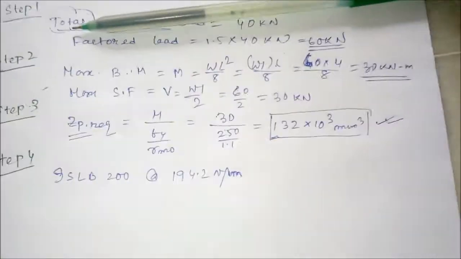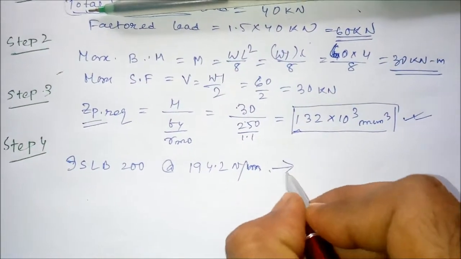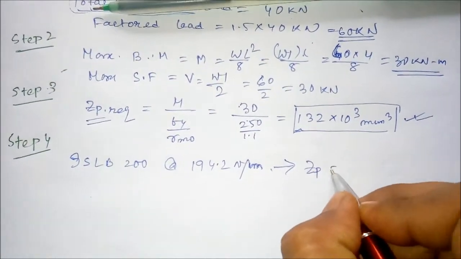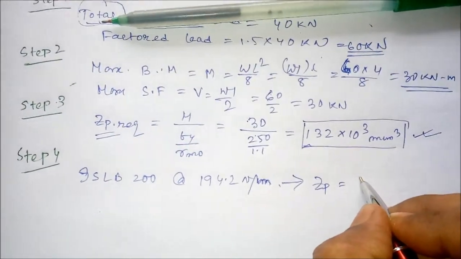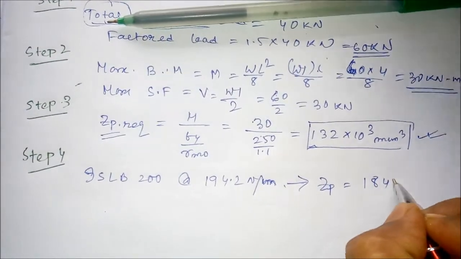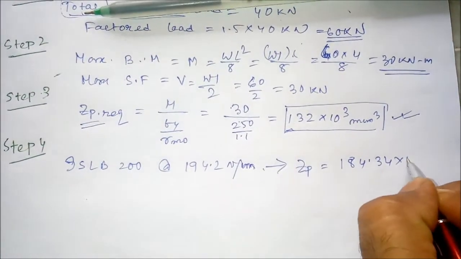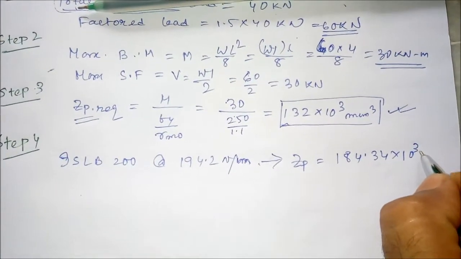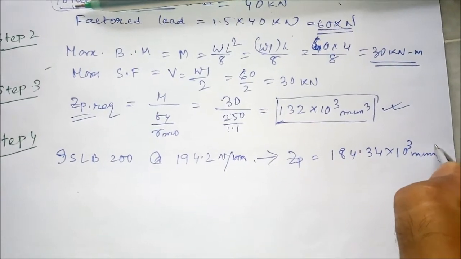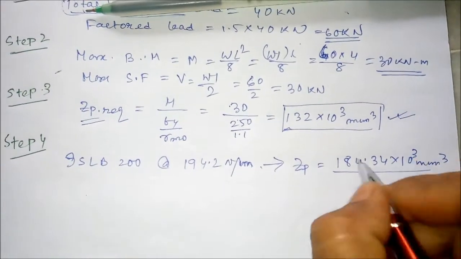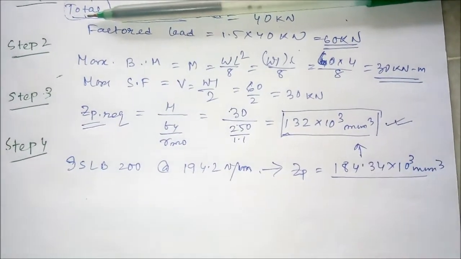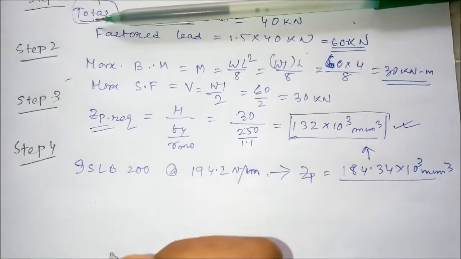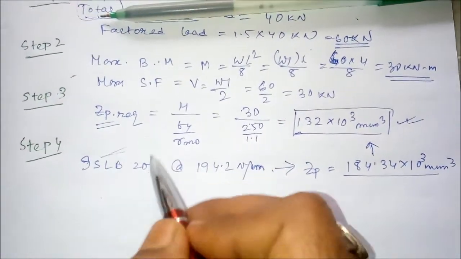For this case, the value of ZP is equal to 184.34 multiplied by 10 to the power 3 mm cube. So we can say this Z is greater than our ZP required, so obviously we can consider this section.